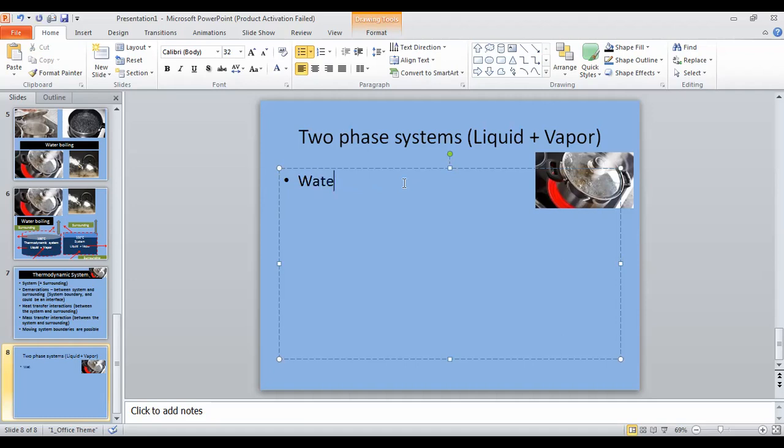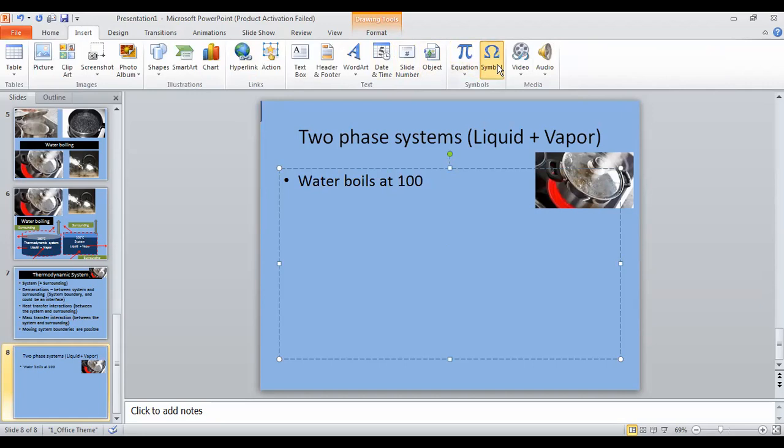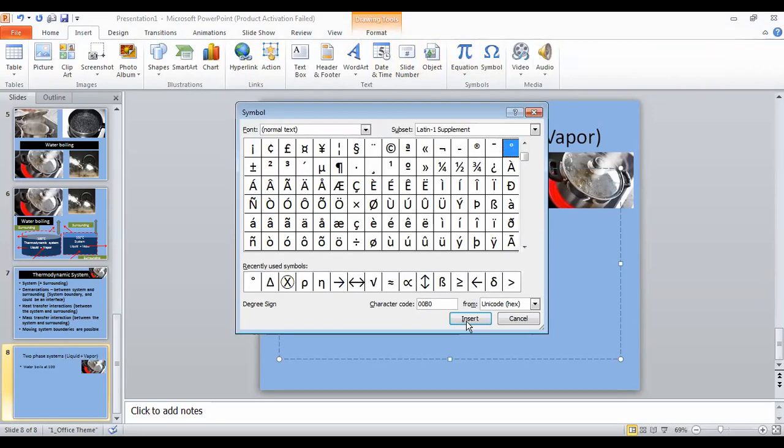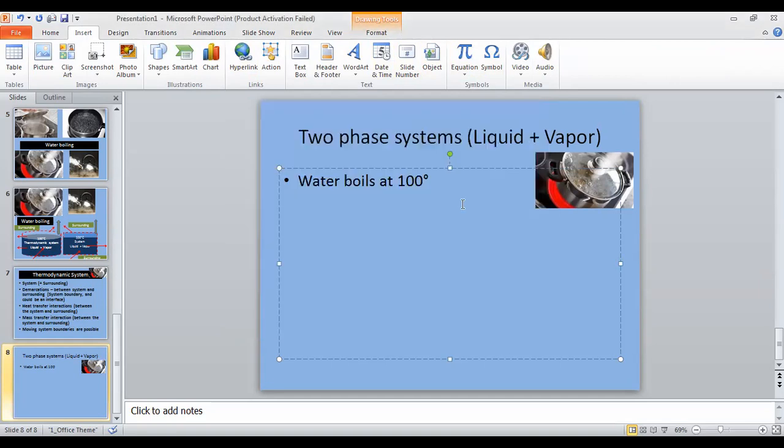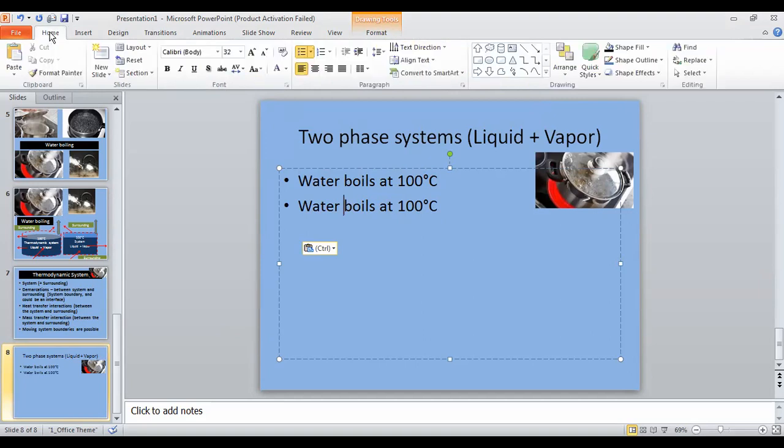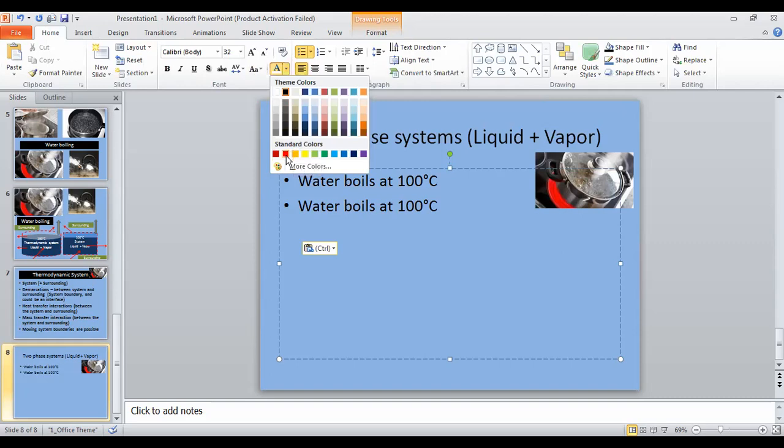Then you know that water boils at what? 100 degree Celsius. I will add a special word here, because water can boil at different temperatures.